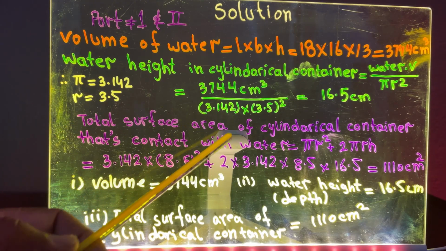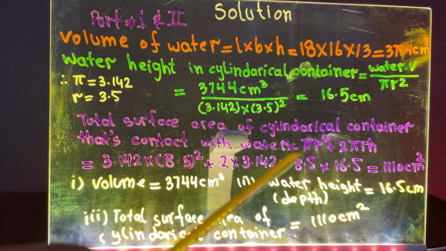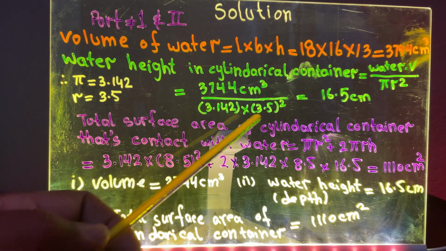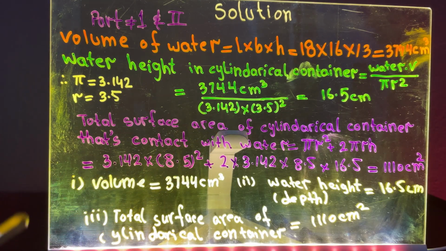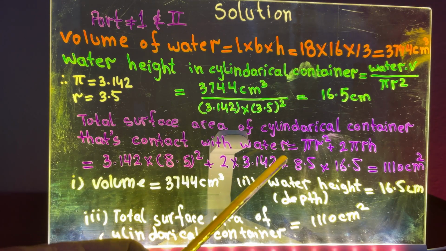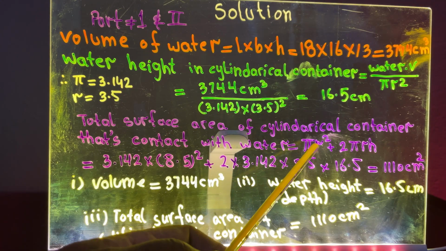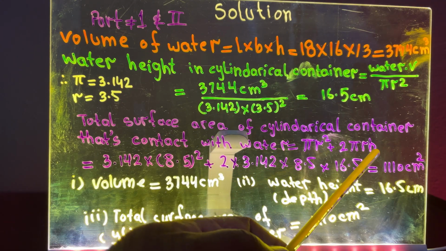In the total surface area of the cylindrical container that is in contact with the water, it means the part that is wet in the rectangular water container or water tank, the formula is pi r square plus 2 pi r h.